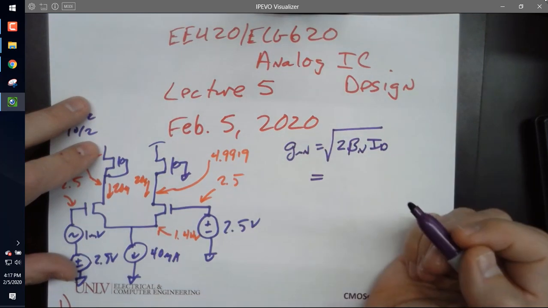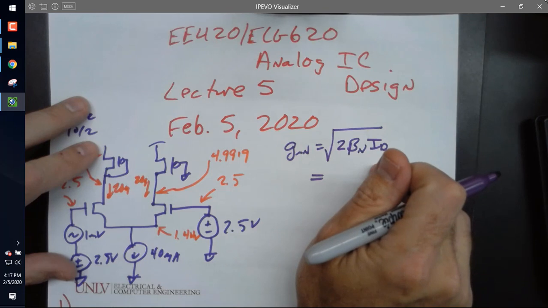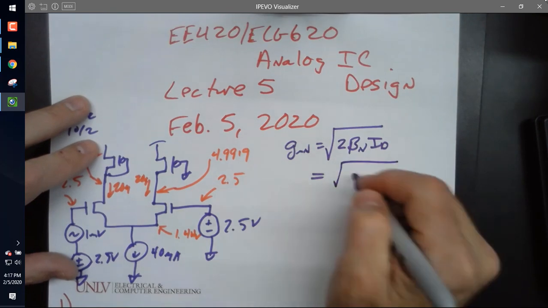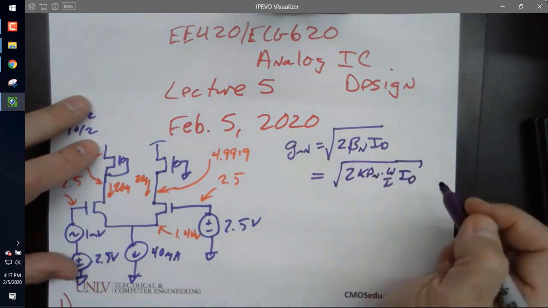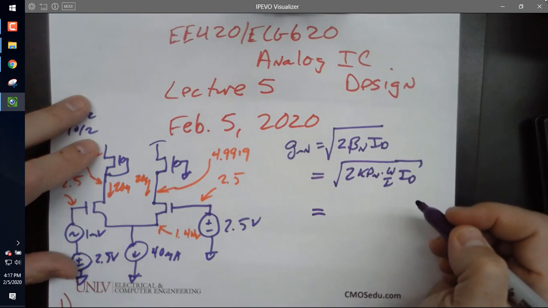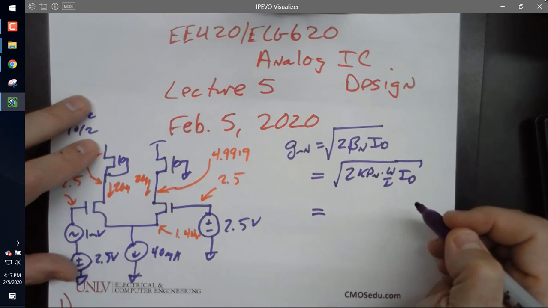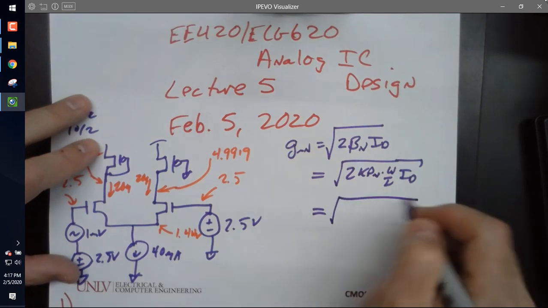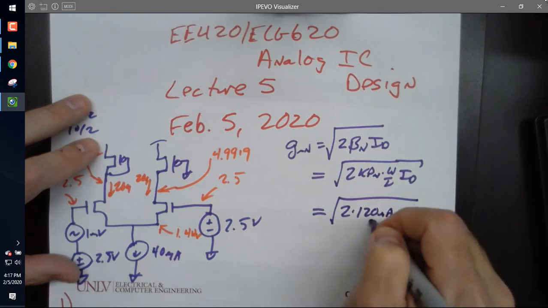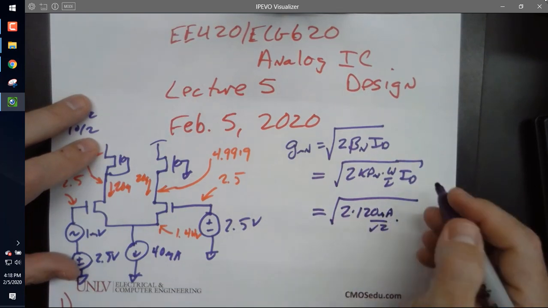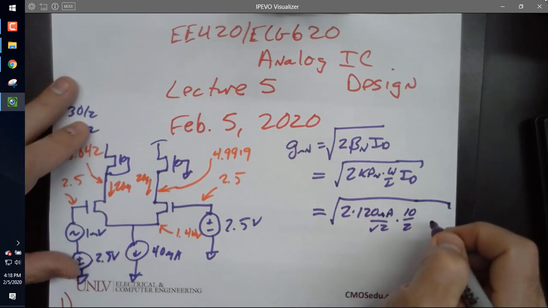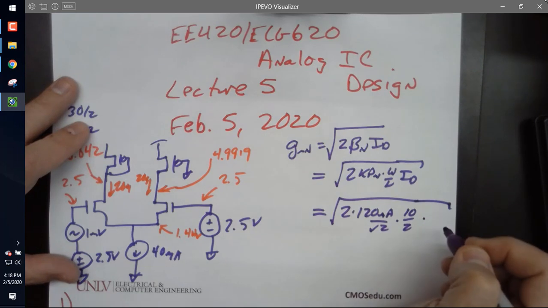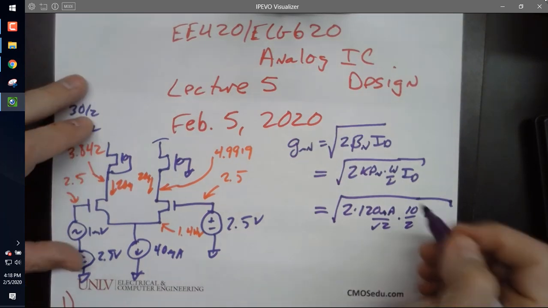which is also, where is this anyway? It's in the book, right? It's also... and what is the KP for this process? Times, what is it?